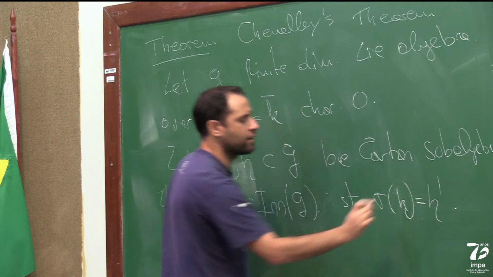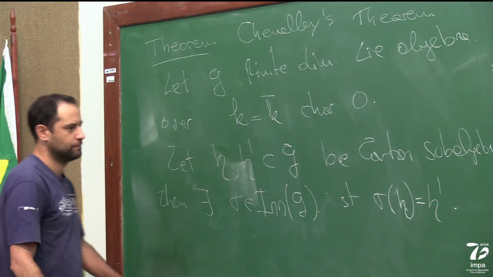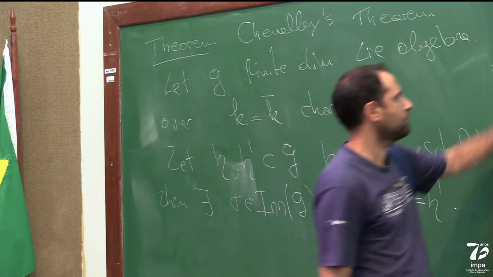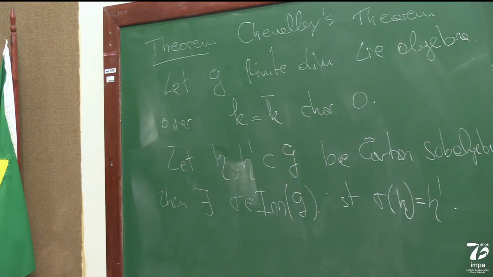So I need to tell you what an inner automorphism is. But the point is that any two Cartan subalgebras are conjugated, and they're conjugated by an inner automorphism of the Lie algebra G. I refuse.